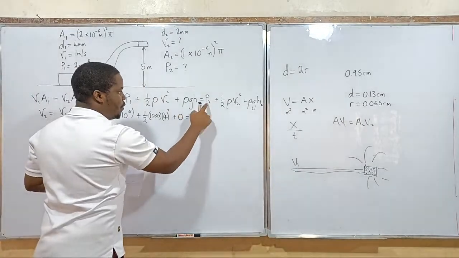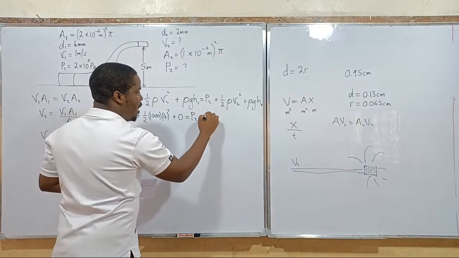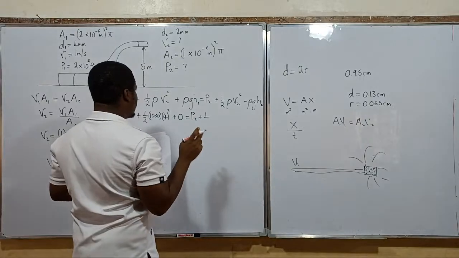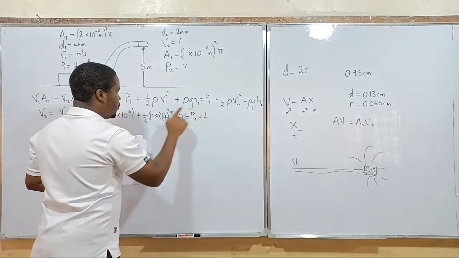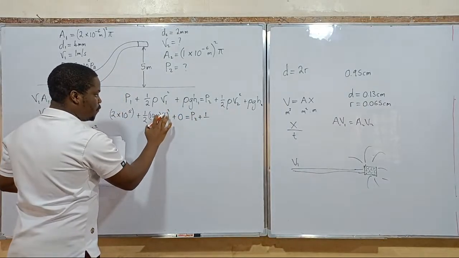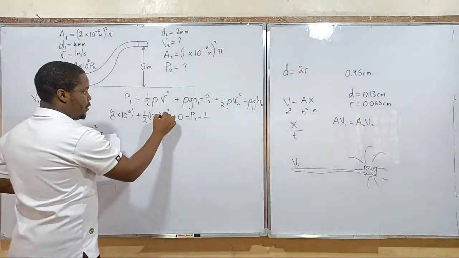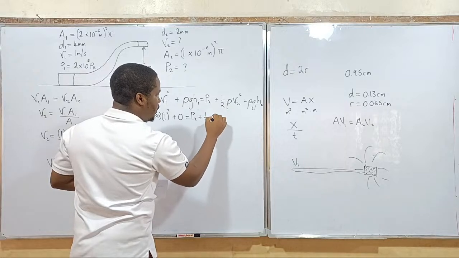This is equal to pressure 2, which is what we're looking for, plus half rho velocity 2 squared. Sorry, I made a mistake: this is supposed to be velocity 1, then this is velocity 2. So for this velocity, instead of 4, we're going to use 1. Is that okay? Then on this other side, we have half rho, 1000, against 4.